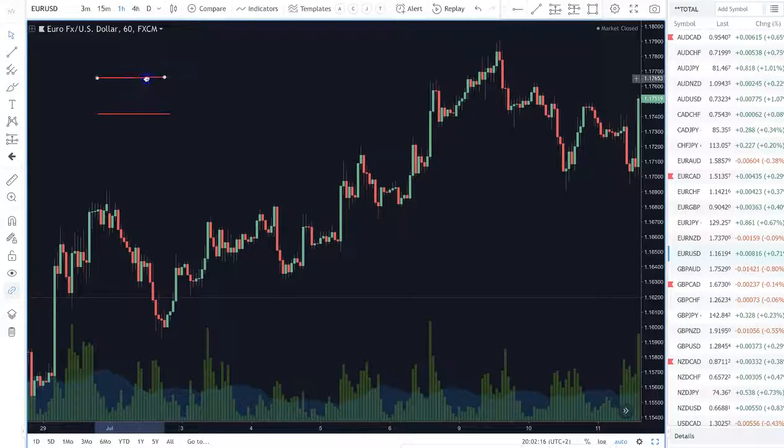Ranges, triangles, channels. Congestions can look like that. They can look like little triangles where the prices are just bouncing inside of them. They can also look like channels where the prices are just slightly hovering a little bit higher high. Okay, that is one thing.